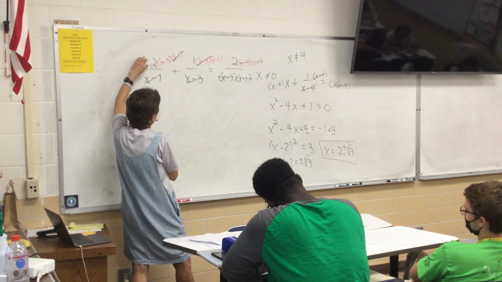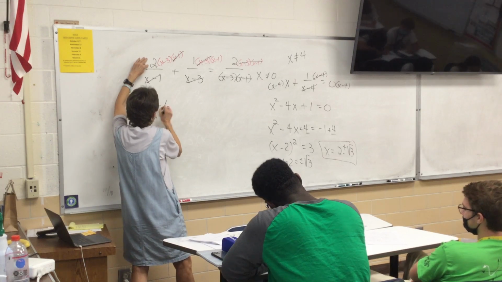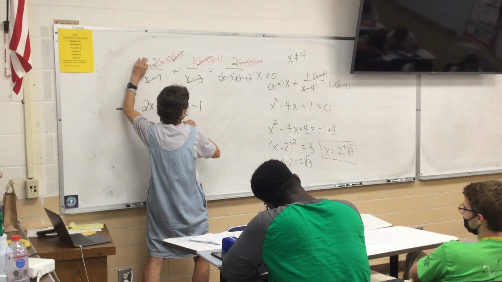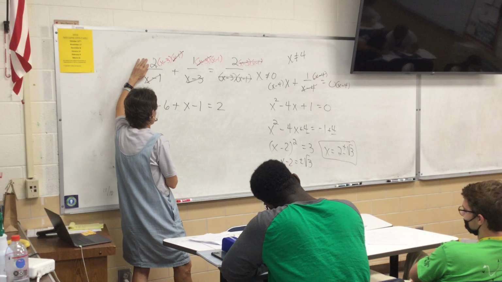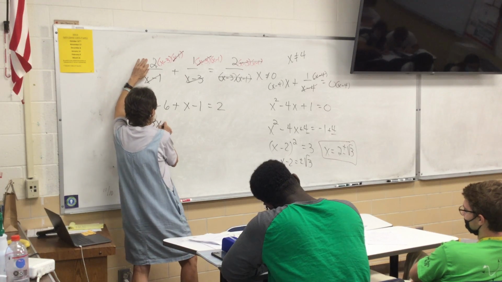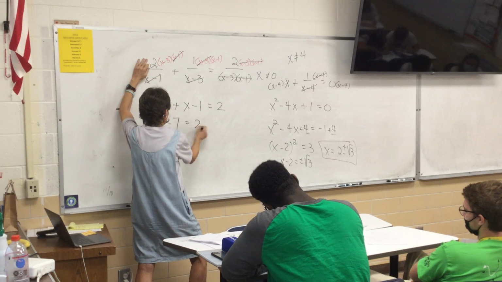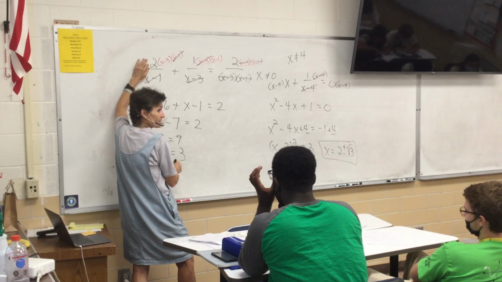What you do have left is 2x minus 6 plus x minus 1 equal to 2. So 3x minus 7 equals 2. So 3x is 9 and x is 3.